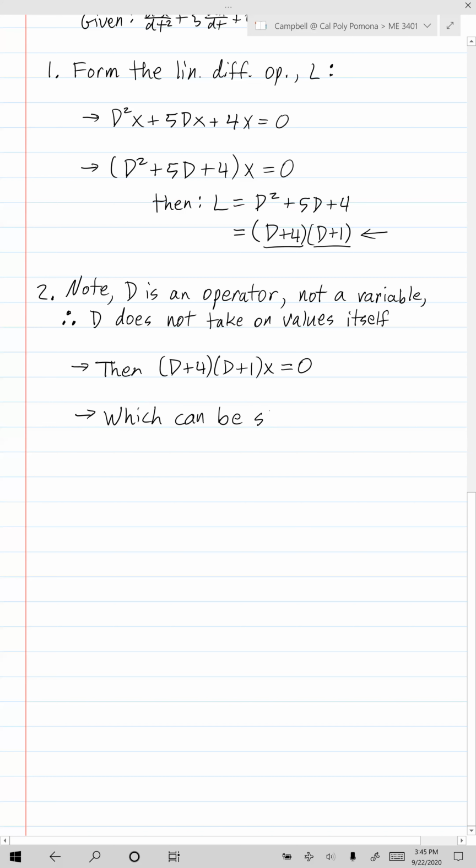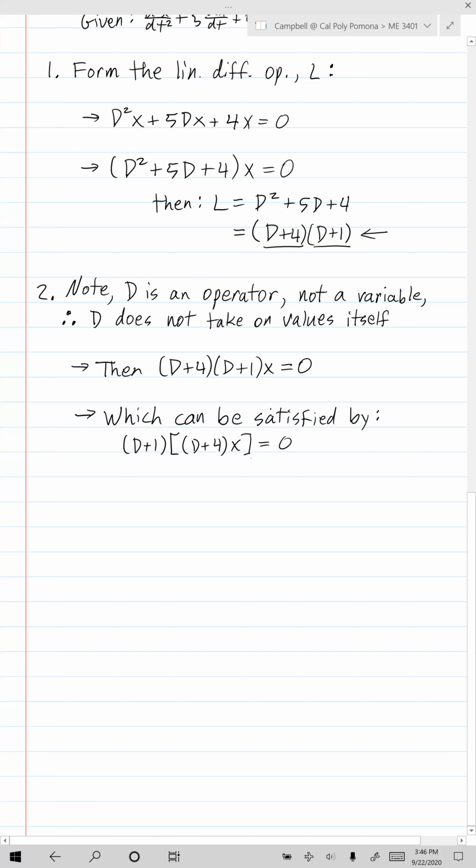So this differential equation can be satisfied by saying, okay, let's let D plus 1 operate on D plus 4 that's operating on x. So we'll let D plus 4 operate on x first. And this is equal to 0.